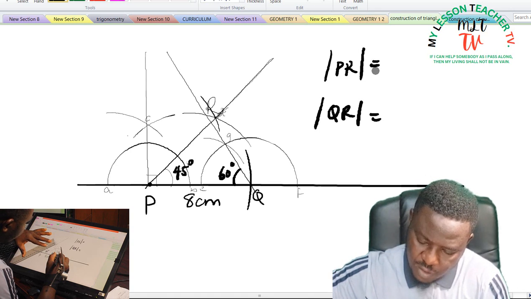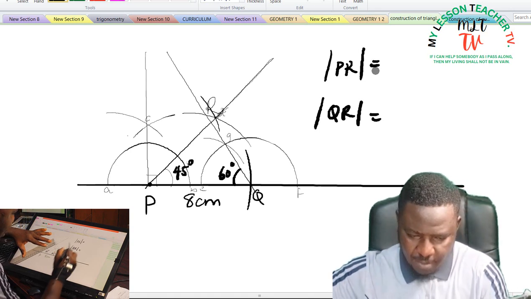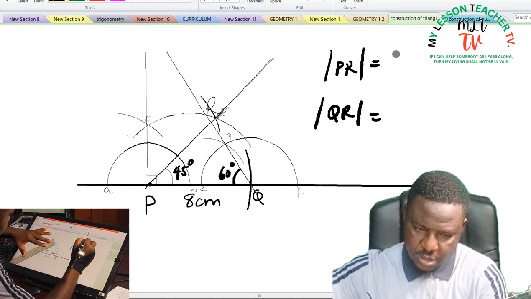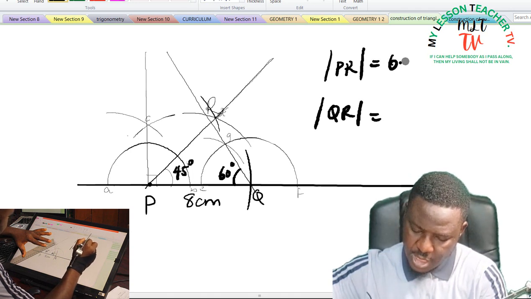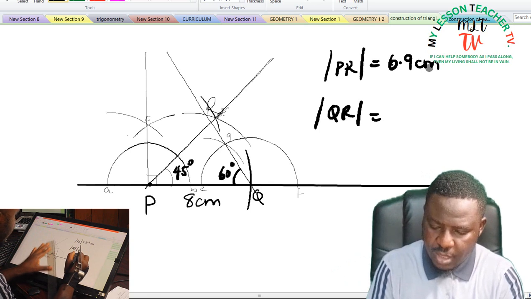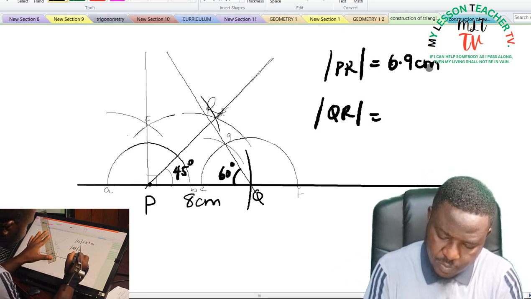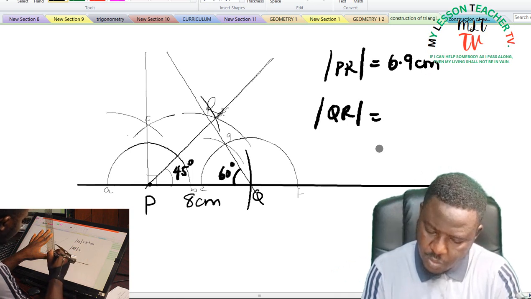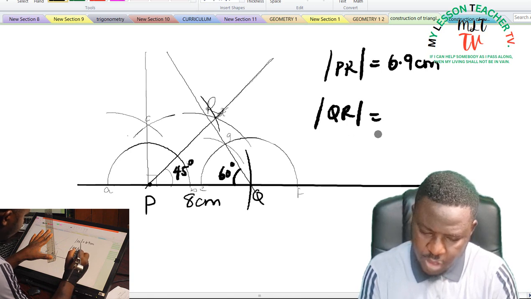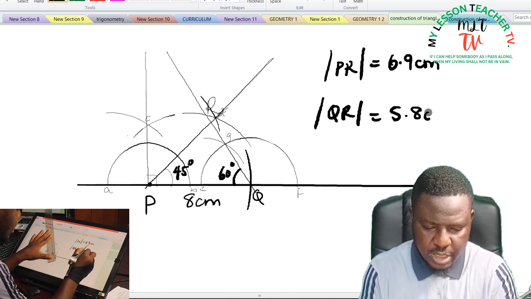I am having this to be 6.9 centimeters, while QR is given to be 5.8 centimeters.